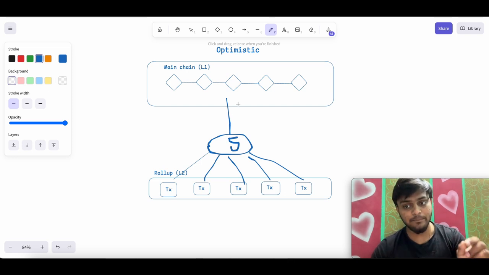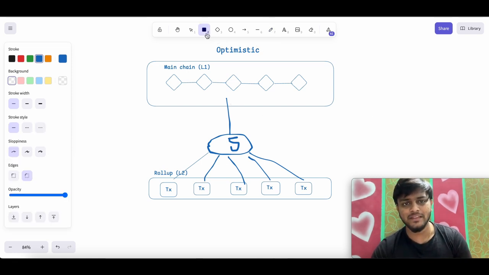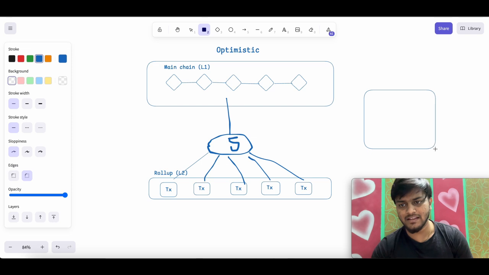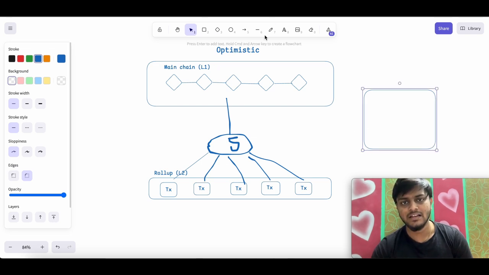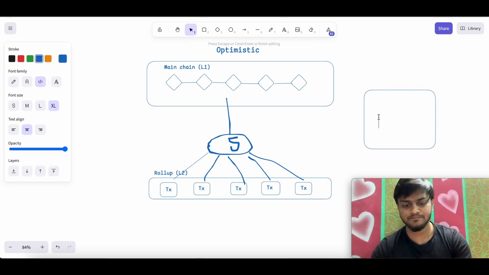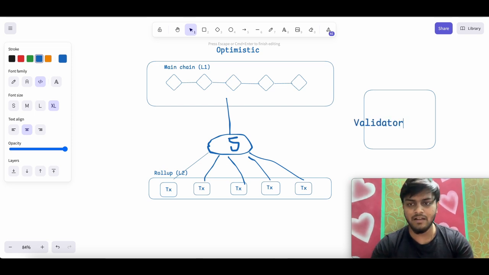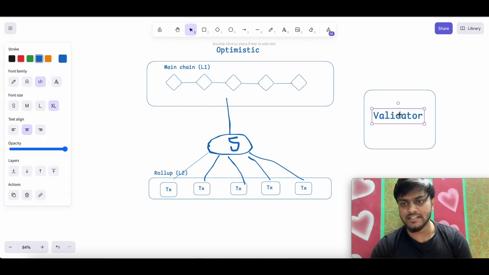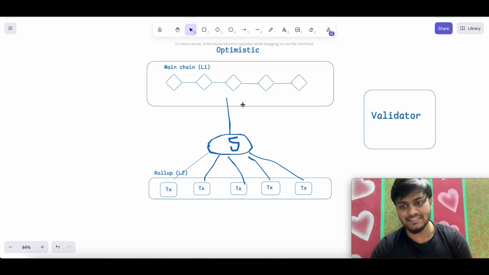So there is a waiting period, a challenge period, while it is sent to L1. In that waiting period, the validators will be there and check whether these transactions are valid or not.